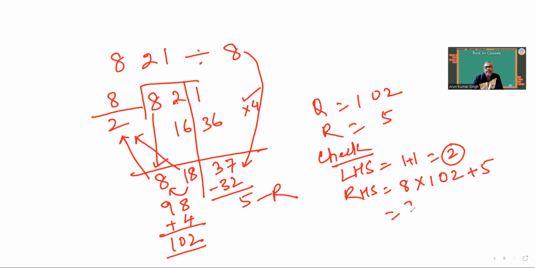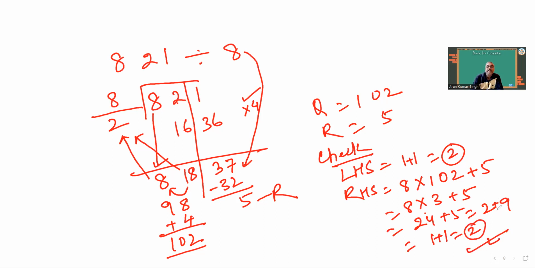So 8 into 102 means 3, plus 5. So 8 into 3 is 24 plus 5, 29. 29 means 2 plus 9, that is 11. And 11 means 1 plus 1 is 2. So this is correct. So this means this sum is correct.